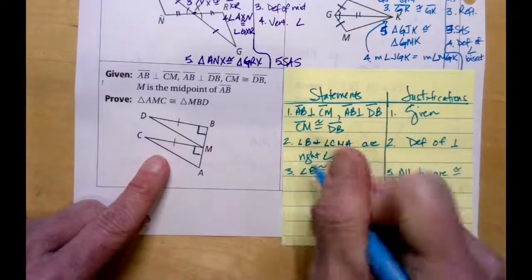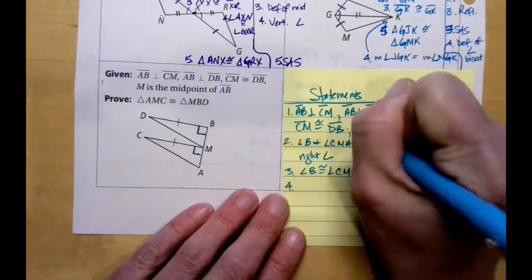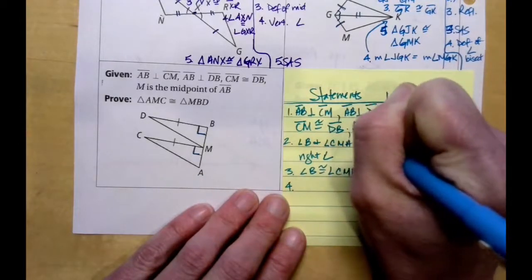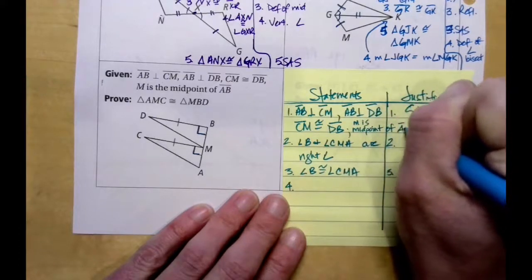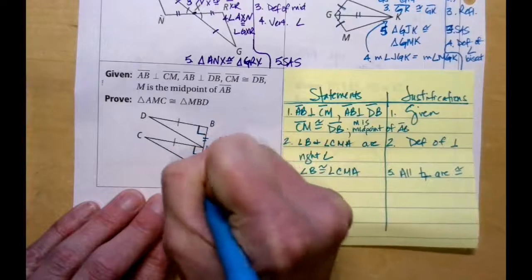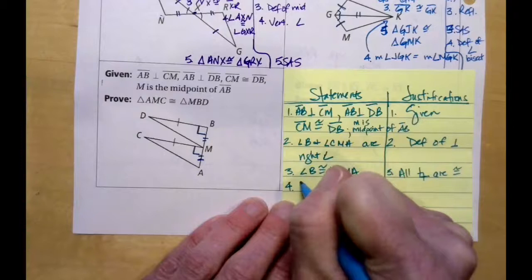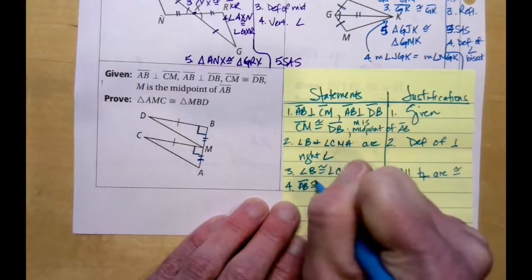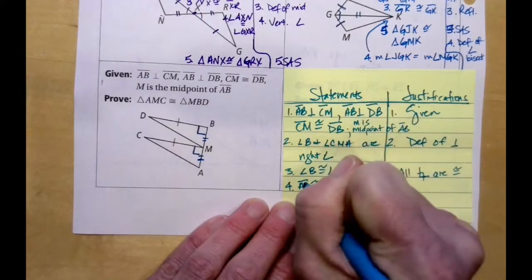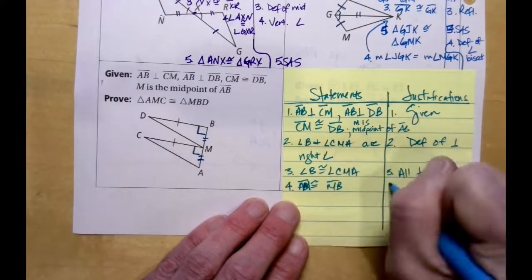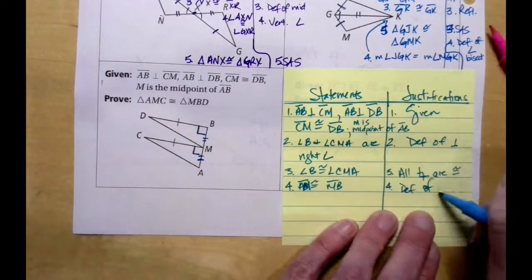Okay, if I know that M is the midpoint, oh, I forgot that up here. M is midpoint of AB. If M is the midpoint, then I know those two segments are congruent to each other. AM is congruent to MB, and that is my definition of midpoint.